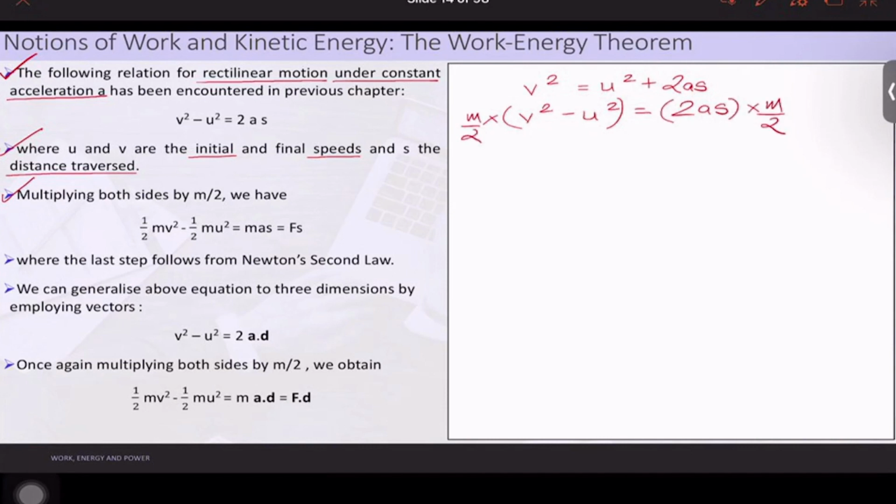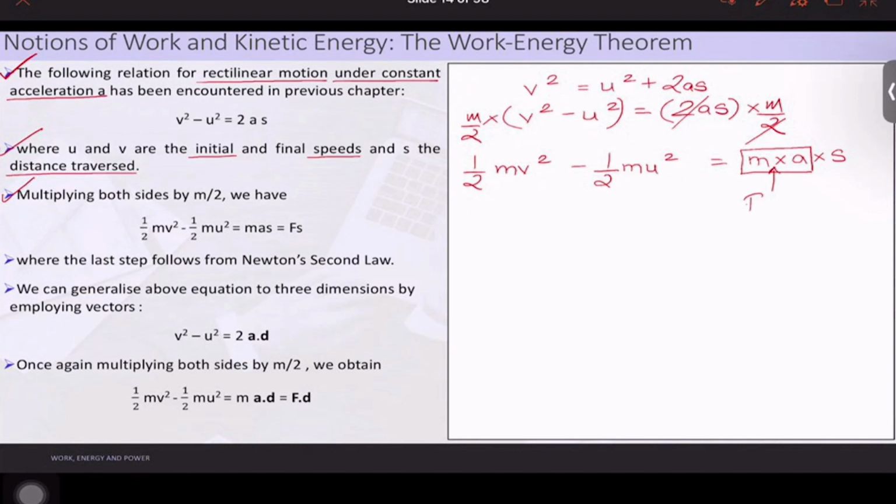Therefore this side will give you half m v square minus half m u square, which is equal to this, where the 2 and 2 get cancelled. This will be equal to mass into acceleration into displacement. Now in the chapter of laws of motion, we have understood clearly what is mass into acceleration.